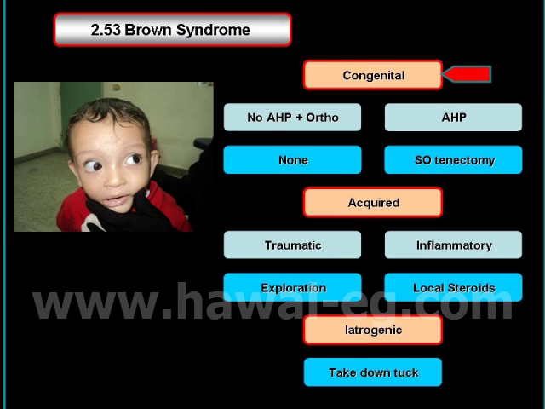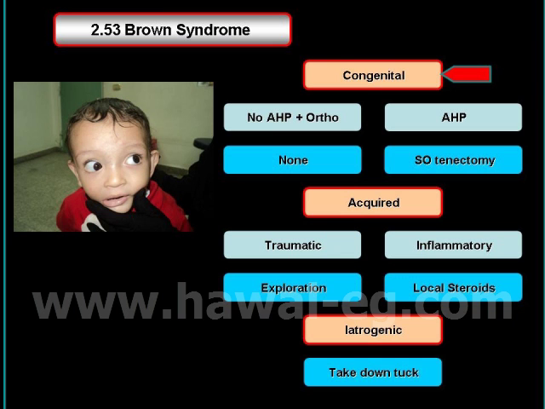In congenital Brown syndrome, usually there is no abnormal head posture, and usually the eyes are orthotropic. In this case, no surgery is indicated. A compensatory head posture to avoid vertical diplopia may develop in many patients with Brown syndrome.